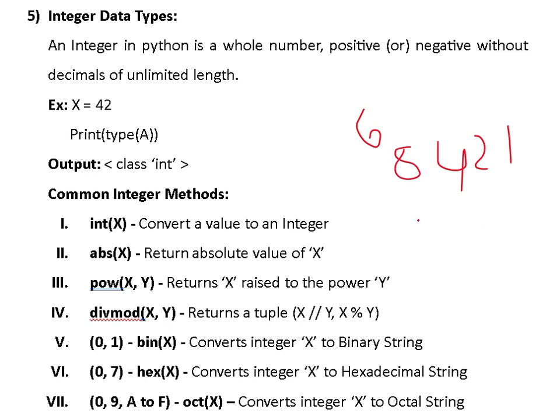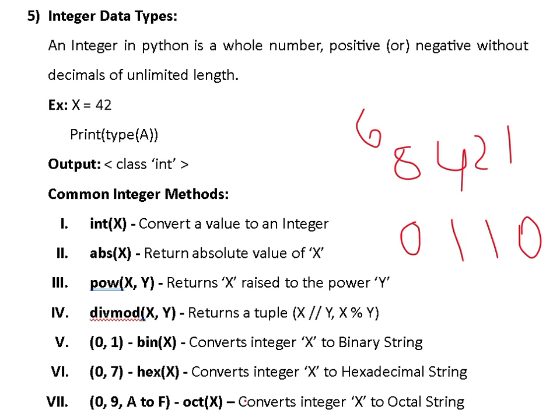So see here 0 1 1 0. This is the binary value it converts to. So see here, it converts integer x to a binary string. If I take x of 6, then the value prints as 0 1 1 0 as a binary value.